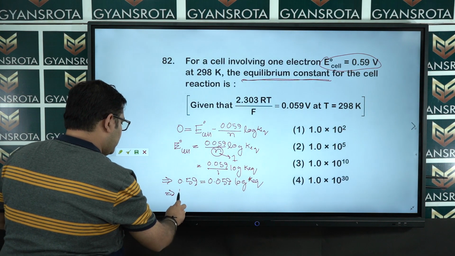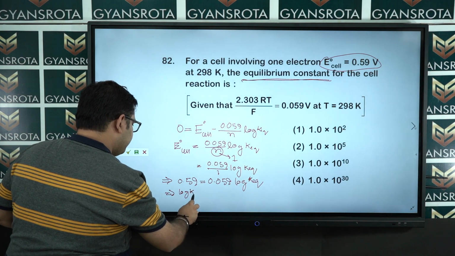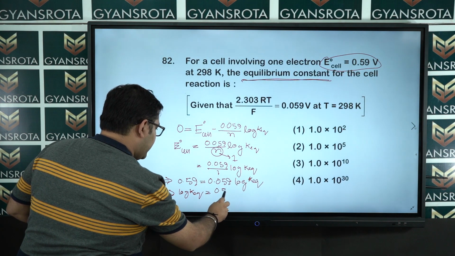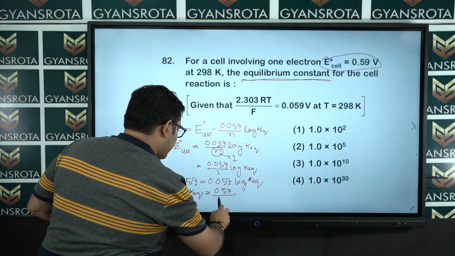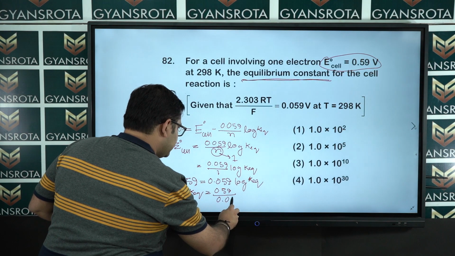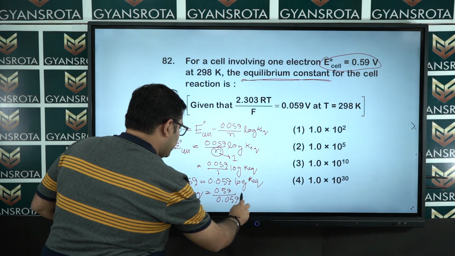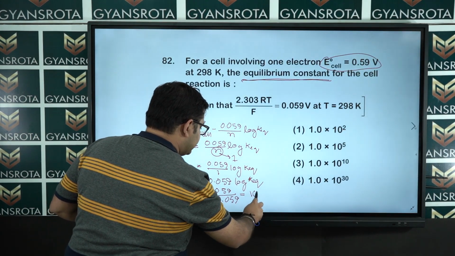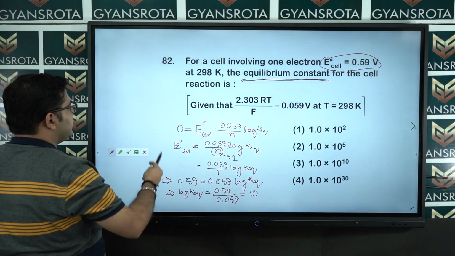Now, log of K equilibrium is equal to 0.59 divided by 0.059. Now, if you solve this one, you end up with the result as 10. Now, we have to remove this log.